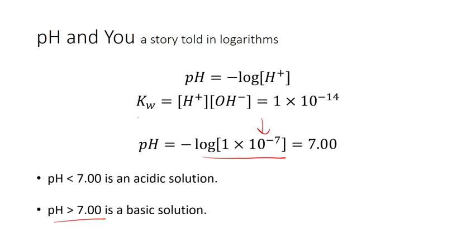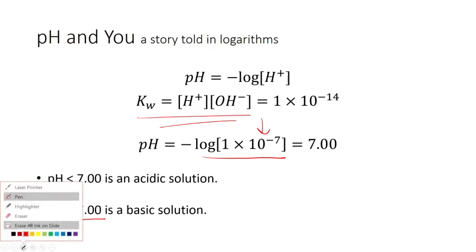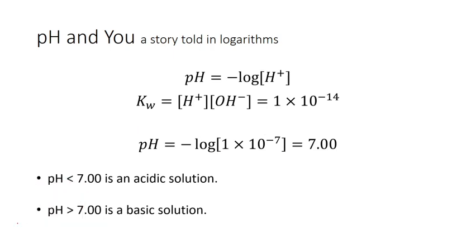Because this has to remain true, and so if you throw that out of balance, the pH is going to change, all right? So greater concentration of hydrogen, it's acidic. Greater concentration of OH, or lower concentration of hydrogen, it's basic.